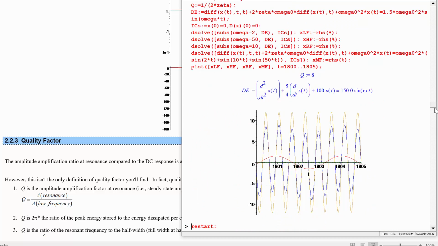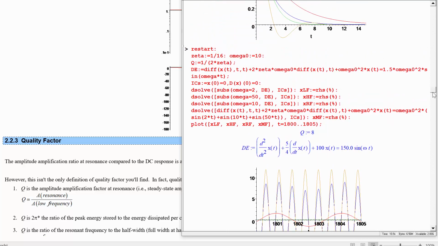So the quality factor of this system does not depend on the driving force. It's the same quality factor regardless of what force we're driving it with and what frequency we're at. This tells you about how the thing behaves around the resonance. If you were to actually drive it at the resonant frequency with a signal like this, when omega is 10, then the quality factor being 8 for this system tells you that at resonance, you'll get 8 times the response that you would have gotten if you drove it at low frequency.